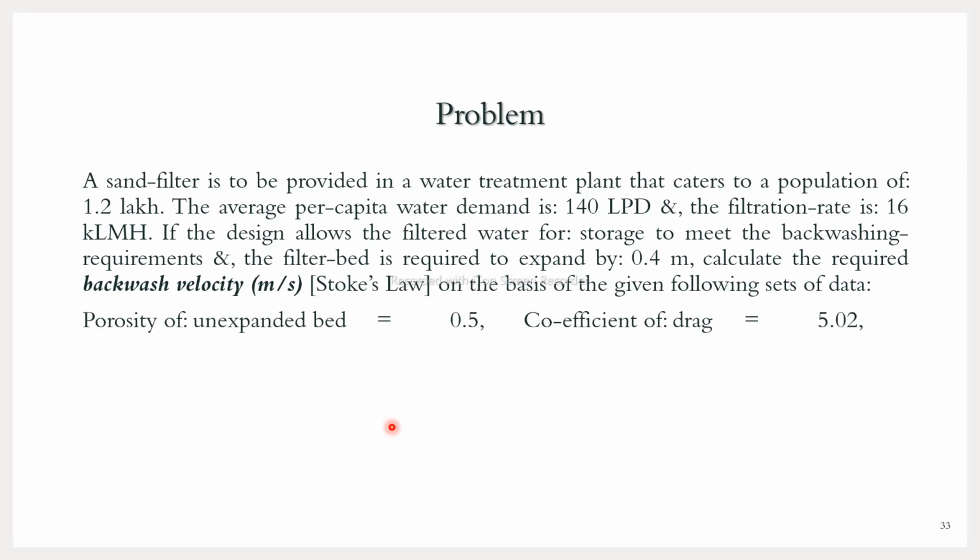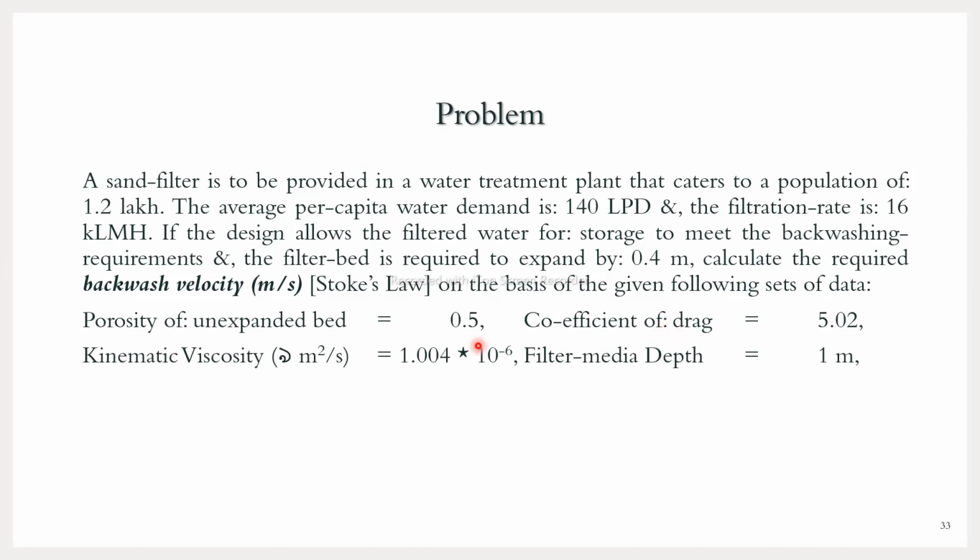So the data is: porosity of the unexpanded bed is 0.5. Coefficient of drag is 5.02. Coefficient of drag means CD, C suffix D in the formula. Kinematic viscosity nu in meter square per second is 1.004 into 10 to the minus 6. This nu, kinematic viscosity, is dynamic viscosity mu divided by rho, that is the density.